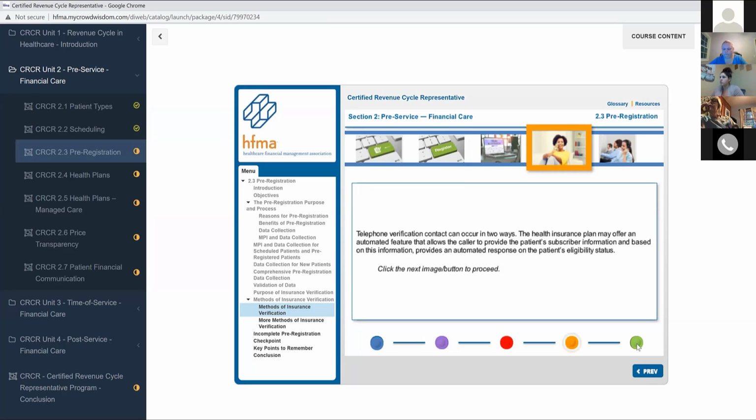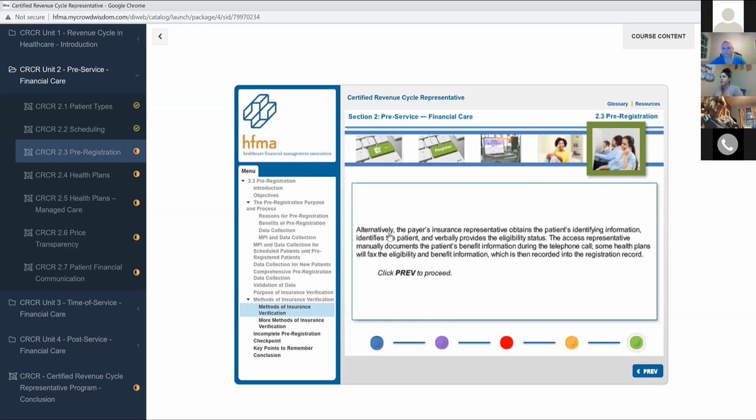Alternatively, the payer's insurance representatives obtain the patient's identifying information and verbally provide the eligibility status. To me, that's the most challenging one because it's usually so-and-so spoke with so-and-so, patient eligible, no authorization required, but no authorization really is required. So sometimes those are a little bit challenging.